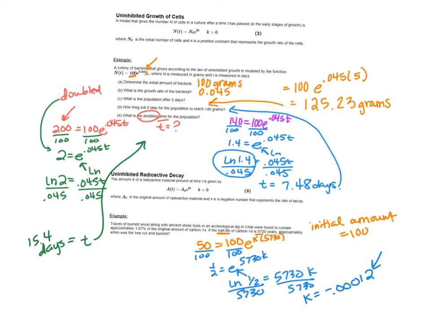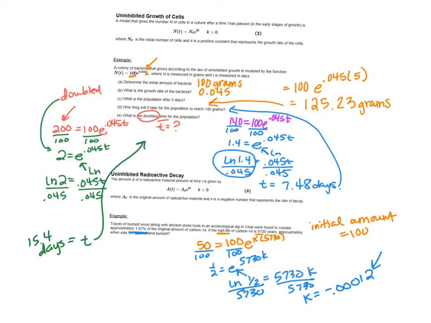All right, so now that I found what K is, I can use that constant for any other problem, okay? Now, let's go back and it says approximately 1.67% of the original amount. So what I could do here is I could say, well, if we knew the initial amount and we had half of it, which would have been 50% of the original amount, then we knew that it was going to be equal to 50.